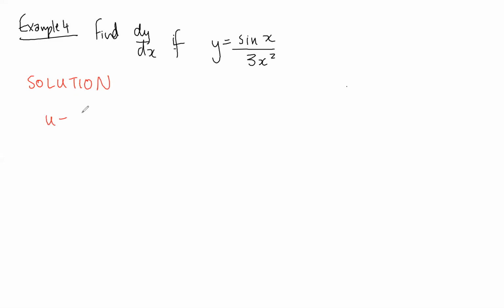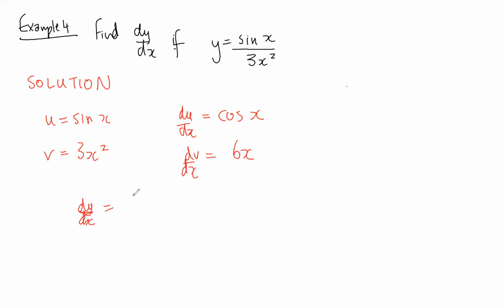So u is the top one, v is the bottom one. So put it together, dy by dx is 3x squared cos x minus 6x sine x over 3x squared squared.